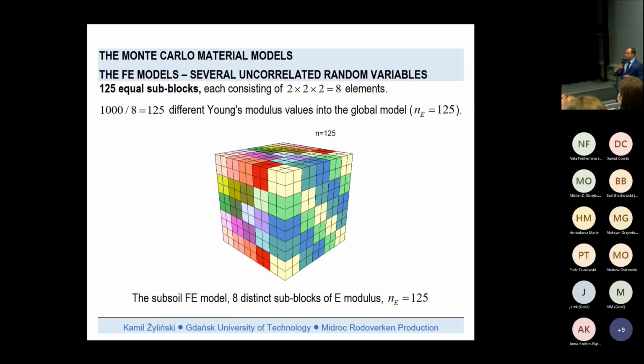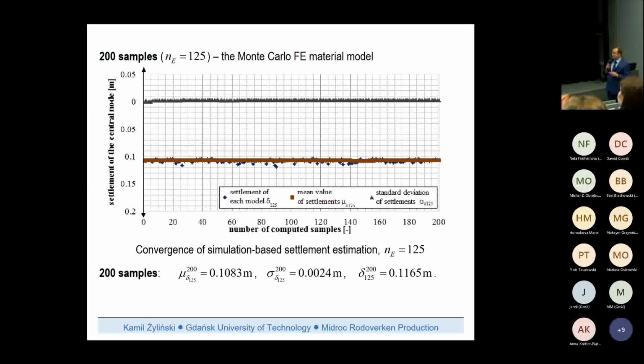In this case, it is very useful for the engineer because he can implement the input data into the software without special knowledge of how to generate the random field and put it inside the complicated model. And the results for that, 200 samples as well, as we can see here, are very converged, even for the lower number of samples.